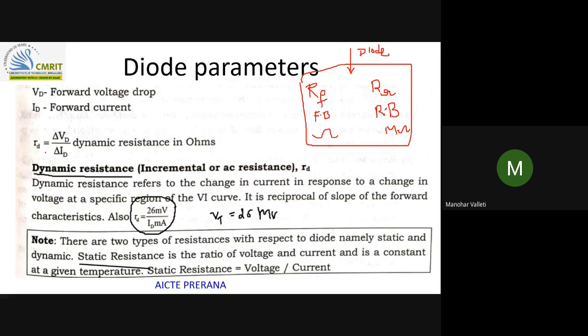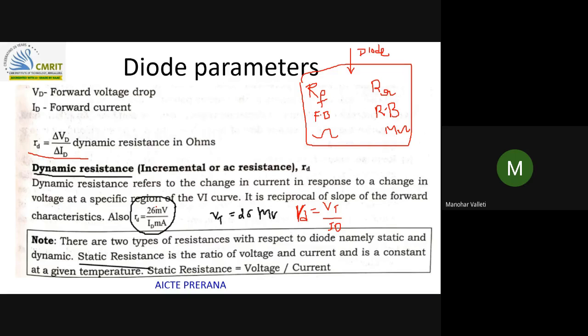The formula is R_D equal to V_T by I_D, where V_T is the thermal equivalent of voltage, 26 millivolts at room temperature, which we consider as 27 degrees centigrade.